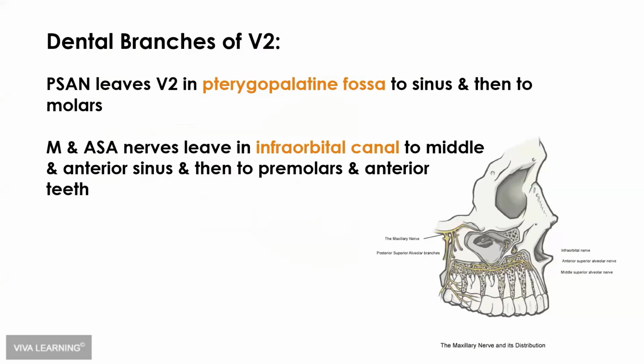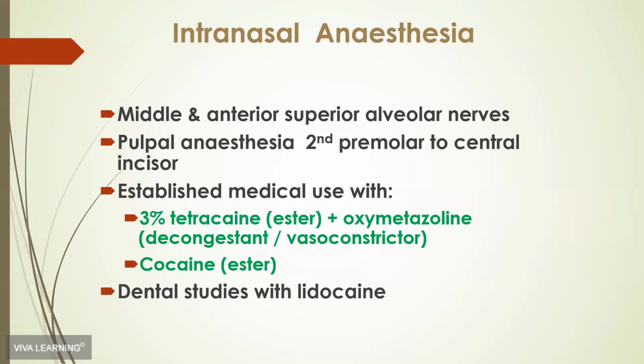Why would we want to use this? The reason we would want to use this is because the middle and anterior superior alveolar nerve are just behind the nasal cavity. So if you squirt a local anesthetic up there, you block these nerves. Blocking these nerves gives you pulpal anesthesia of the maxillary premolars and maxillary anterior teeth.